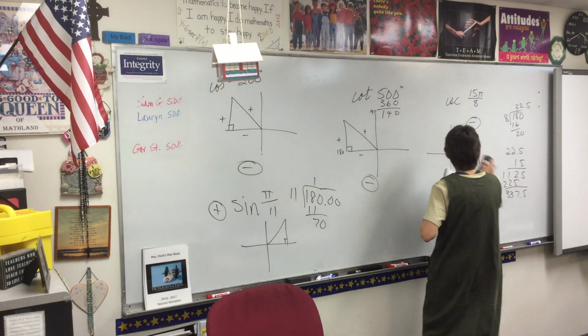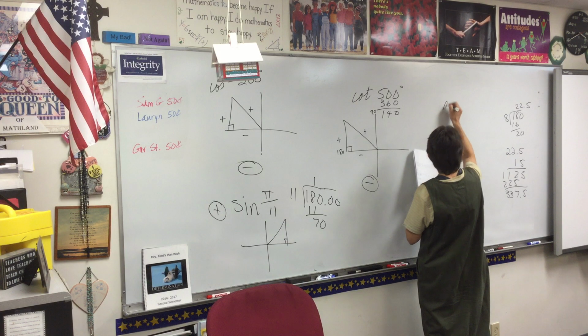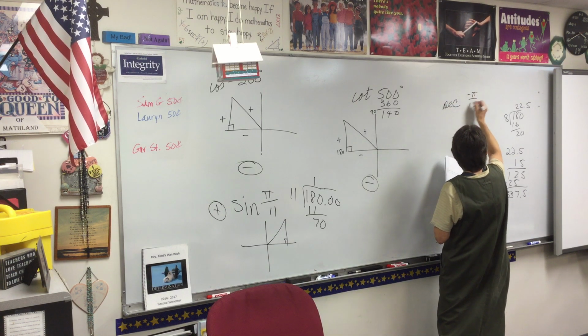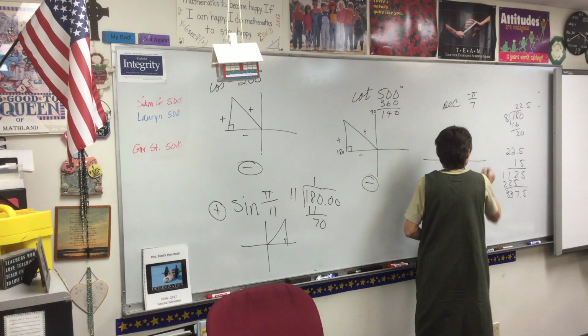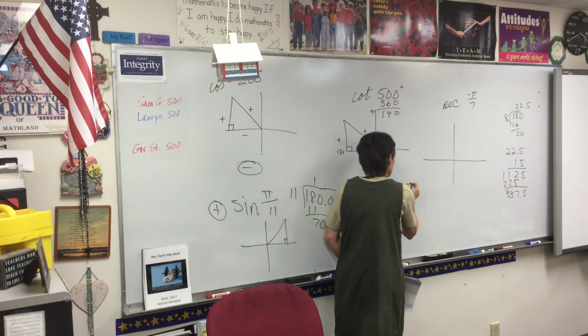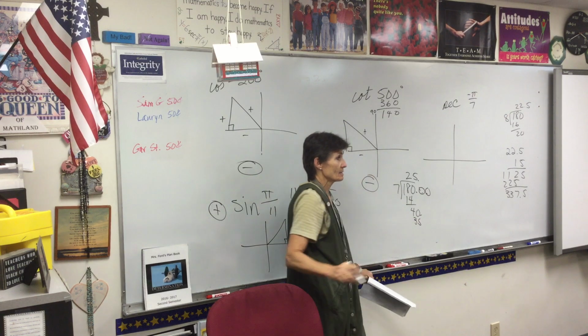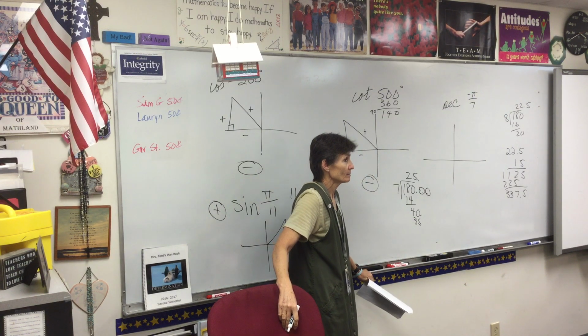And one more. Secant, negative pi over 7. Well, what's 180 divided by 7? How big of a number is it? We don't care exactly what it is, right? Isn't it 25 point something? Which means it's in which quadrant?